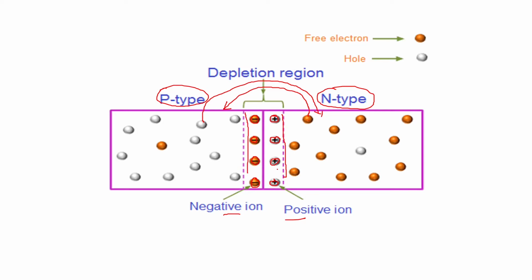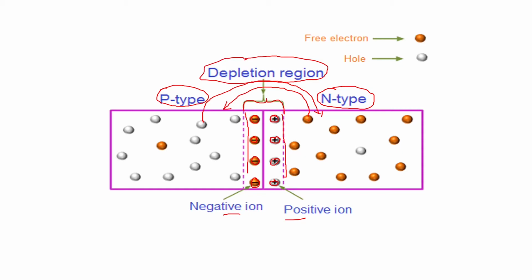Here the majority charge carriers have vanished. They have become very, very less, or they are zero. So this area is depleted of majority charge carriers, and because of that, this area is called the depletion region. From here to here is called the depletion region.